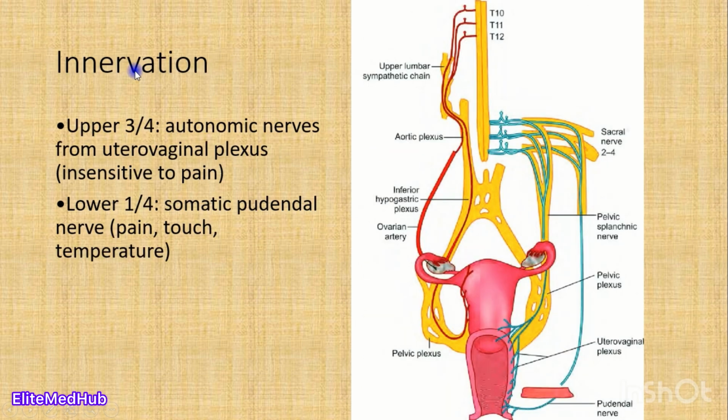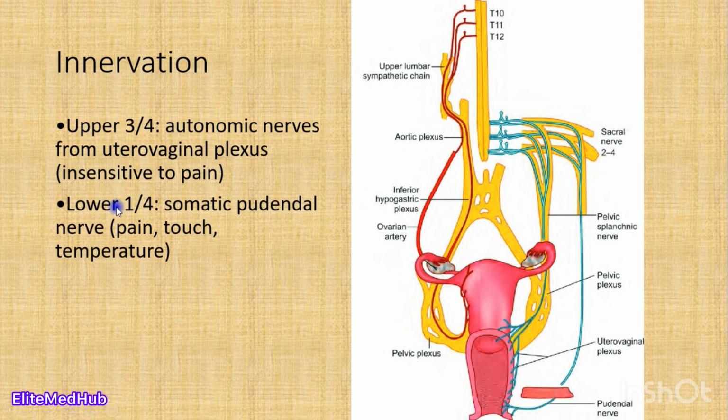So let's look at the innervation of the vagina. The upper three-quarters of the vagina is supplied by the autonomic nerves from the uterovaginal plexus. They are actually insensitive to pain. You can see the uterovaginal plexus here arising from the terminal end of the spinal cord to supply the upper three-quarters of the vagina.